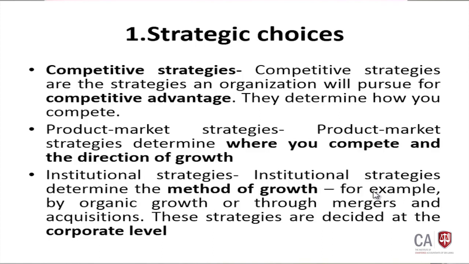Those are some of the options you have. But we are not going to look at this in this syllabus. We are not going to discuss institutional strategies, that is out of our syllabus. That will be covered in your final case study paper.